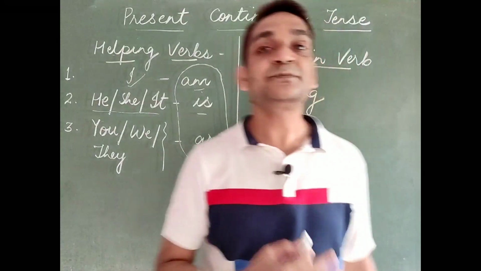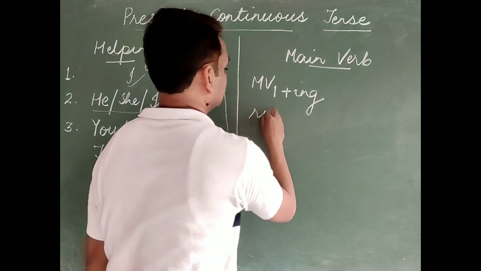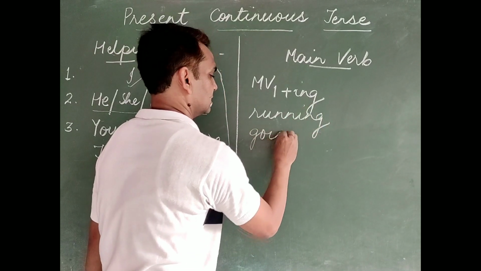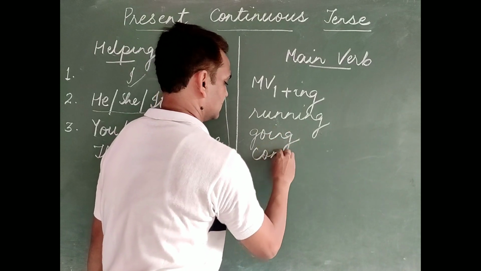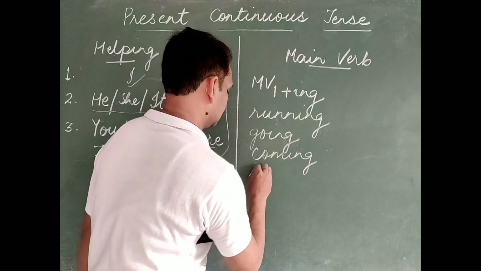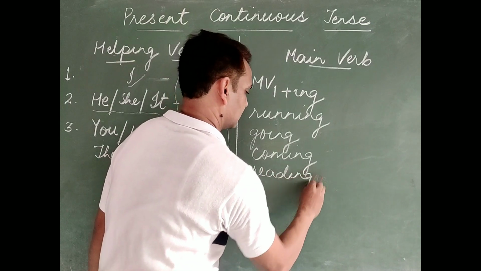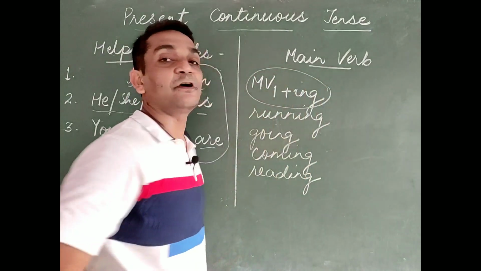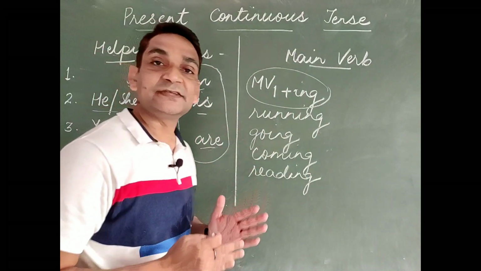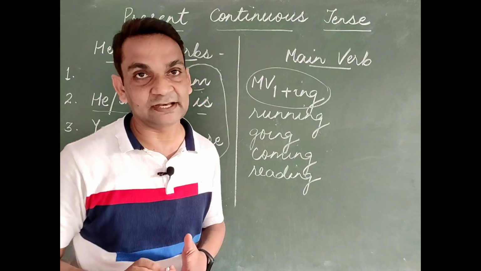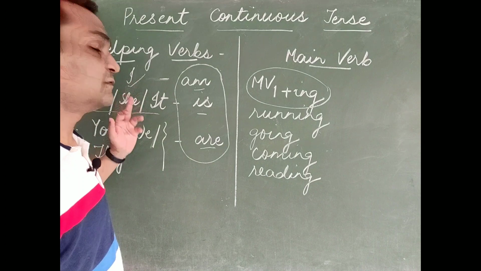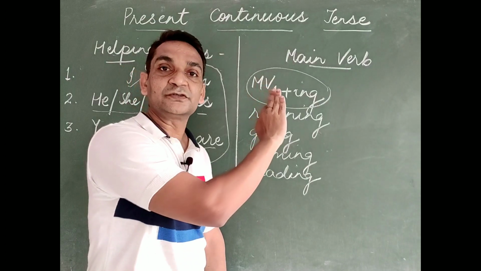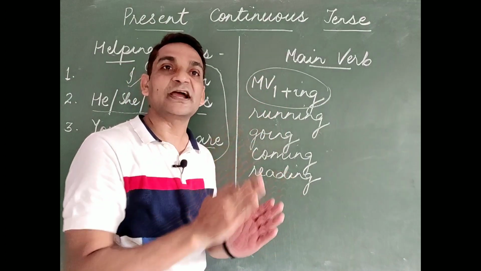Now some examples of this present form with ing are like running, going, coming, reading, etc. So we will always use the ing form of the main verb for affirmative sentence, negative sentence and interrogative sentence with I, with singular subjects and with plural subjects. So only one main verb is to be used for all kinds of subjects and for all kinds of sentences.